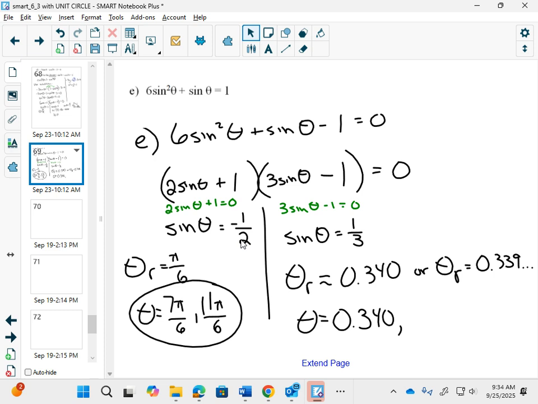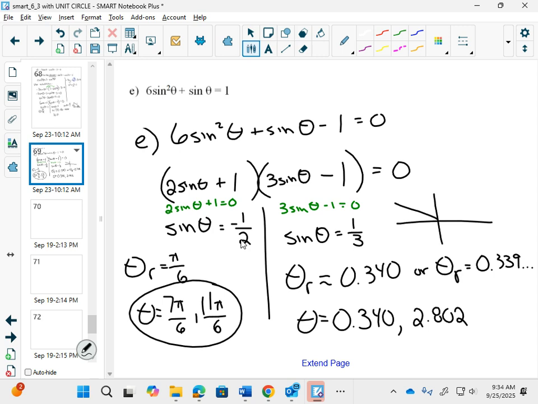So we have to be careful that we only round right at the end. Again, to find that quadrant 2, I think about my reference angle, and I would go to find this angle all the way, which is pi, and minus my reference angle, to find the 2.802. This side, move your calculator.